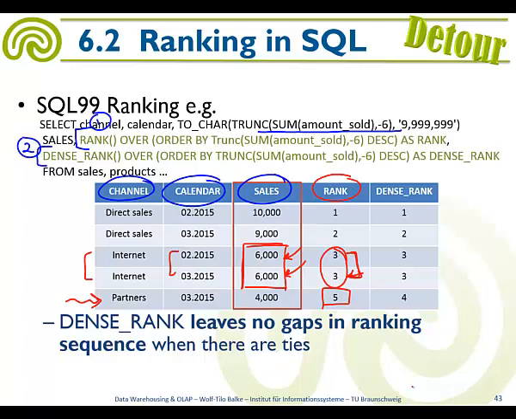This is the rank. The dense rank, well, it leaves no gaps. This means, again, they both have rank 3, but this now gets rank 4.